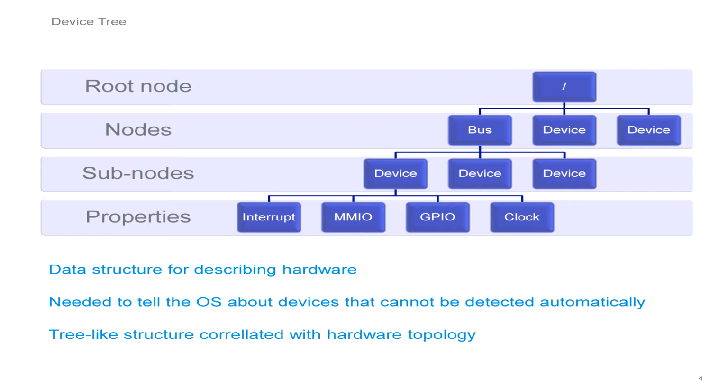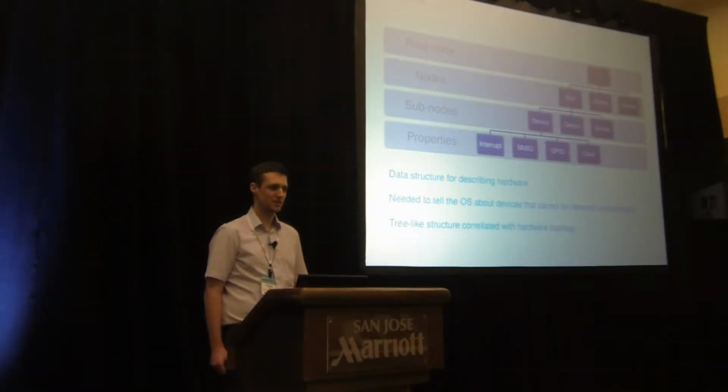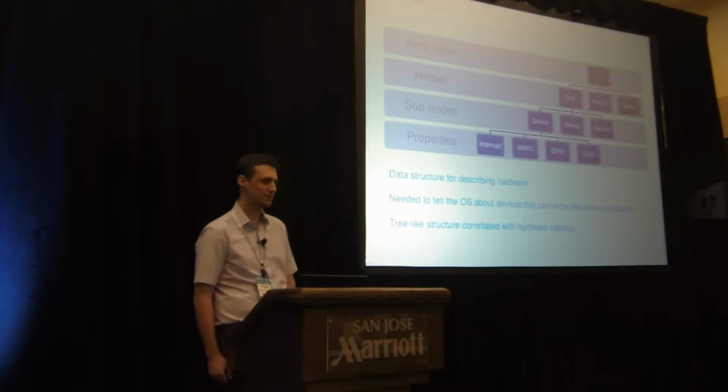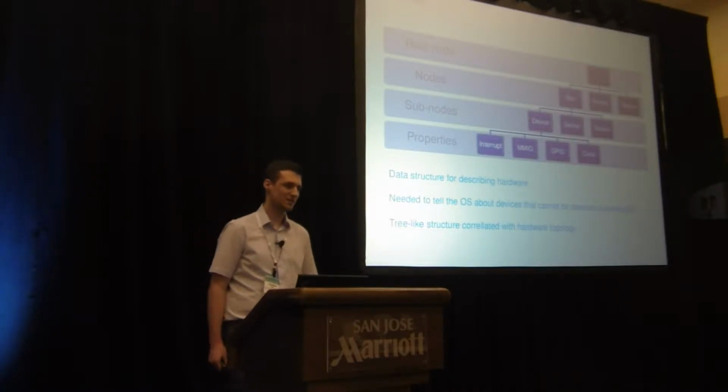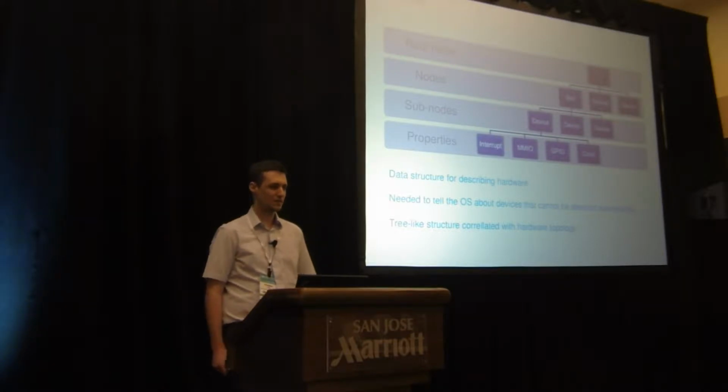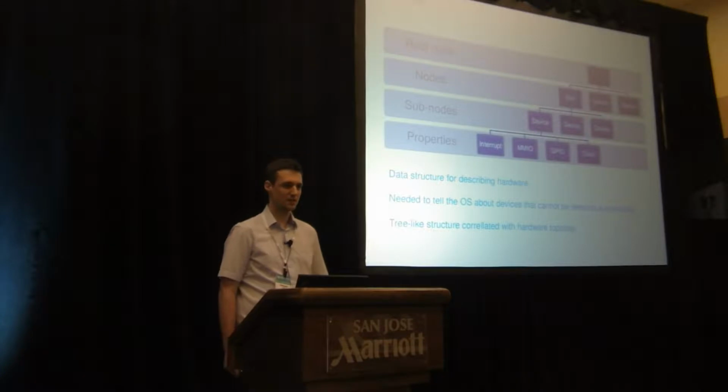Basically, there are two ways to work out this issue. One is just hard coding all the necessary data in the operating system itself. And this is what we did before in the Linux kernel with board files. Another one, probably the best way, is to separate the data from the operating system and use a dedicated data structure to pass any necessary data to the operating system.